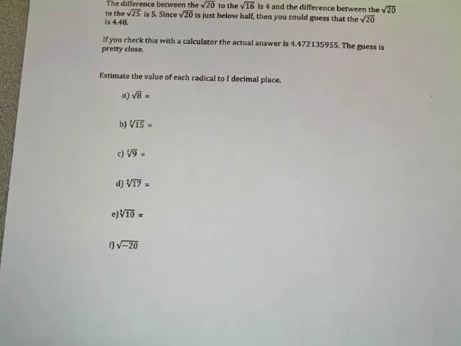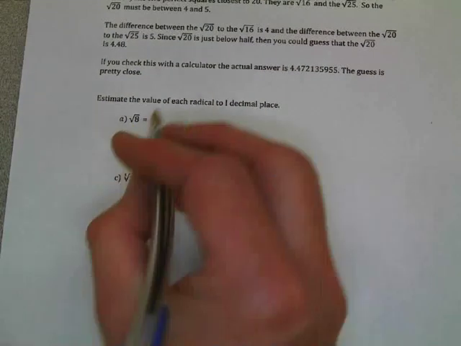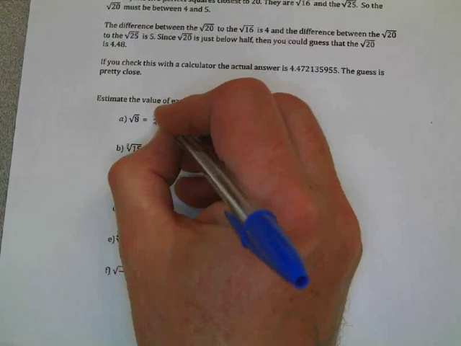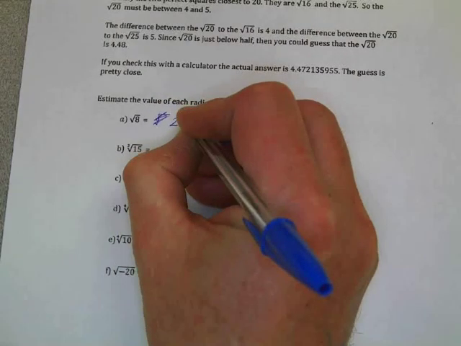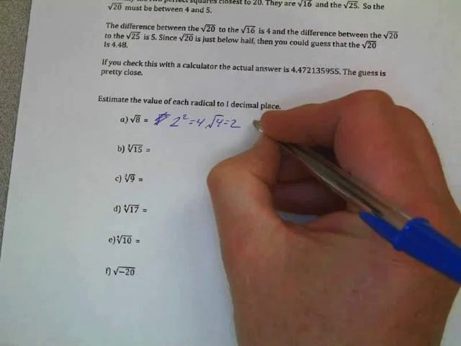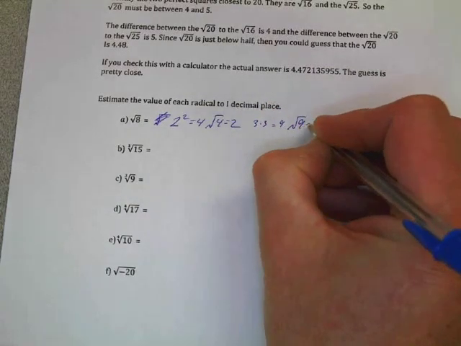So when I look at this one, what's the square root of 8? I know that it's found between the square root of, let's see, 2 times 2 is equal to 4, so the square root of 4 is equal to 2. I know 3 times 3 is equal to 9, so the square root of 9 is equal to 3.